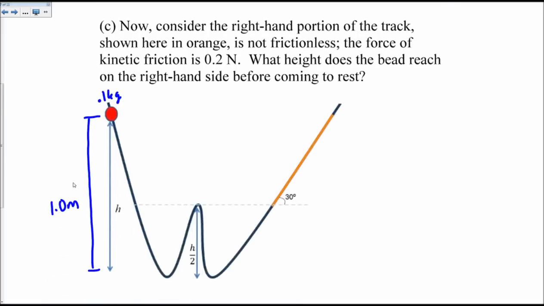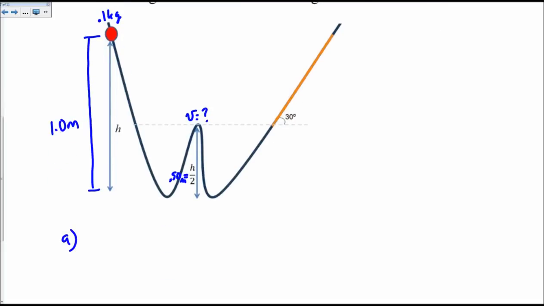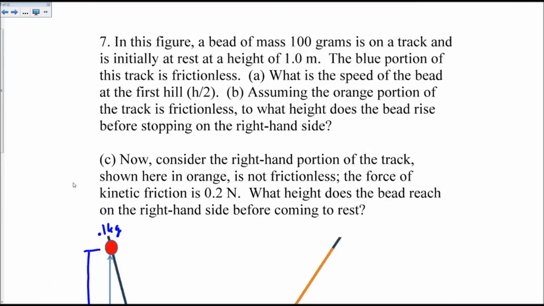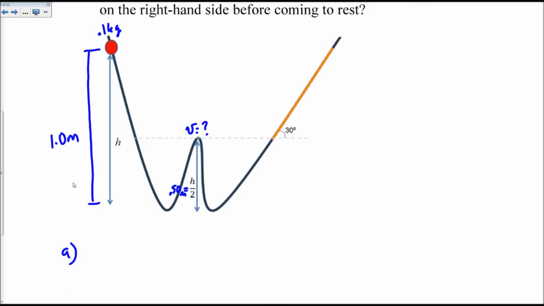And I want to know the speed right here. This, of course, if h is 1 meter, this is 0.5 meters. All right, so for part A, and let's see, it was at rest initially, right? It was at rest. So right here, it only has potential energy. The kinetic energy equals 0. Here, it has potential energy and kinetic energy.